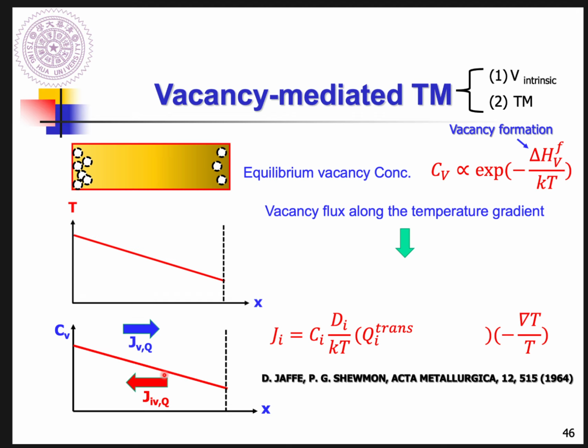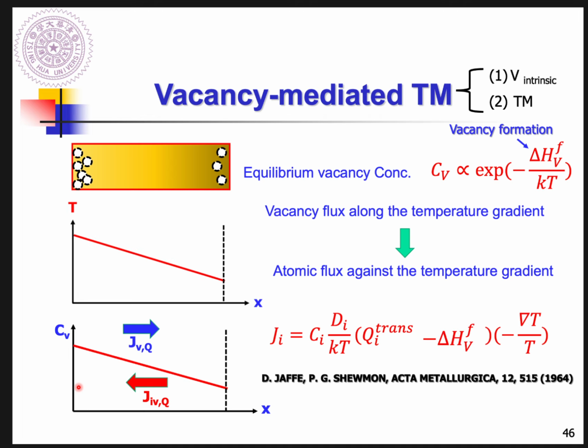Okay, so next, this atomic flux will move to the left-hand side. Under this situation, we just discussed the first effect, which is due to the different vacancy concentration induced by different temperature.